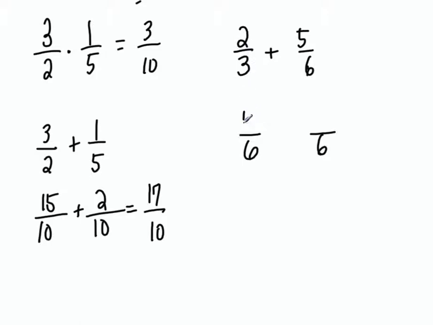So I multiply my top by 2. And then how did I get from 6 to 6? I didn't do anything. I kept it, or I multiplied by 1. Either way you want to look at it. 5 times 1 is going to be 5. You got it? Now, when I put those together, I get 9 over 6. And then what does that reduce to? 3 over 2.